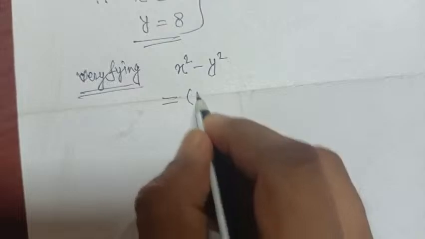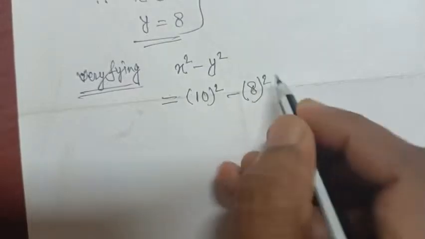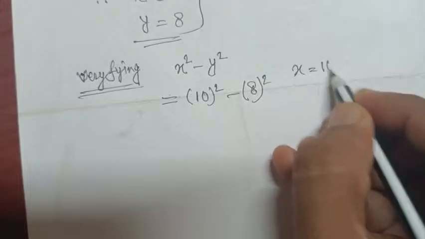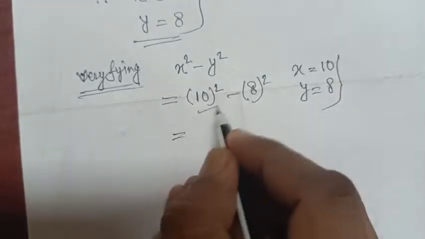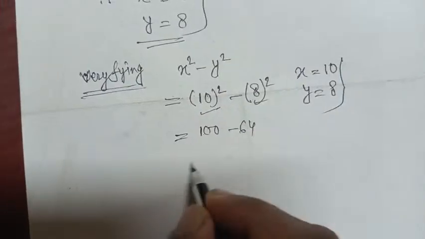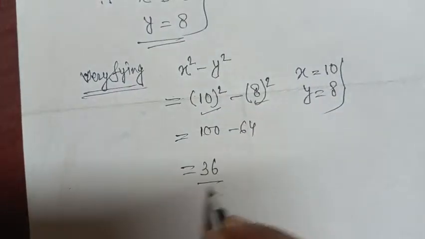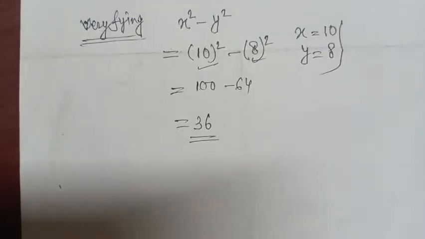So we are going to prove this. So we are putting the value of x and y, that x is equal to 10 and y is equal to 8. 10 square means 100 and 8 square means 64. We get 36. So it's verified. So we find out the value of x and y.